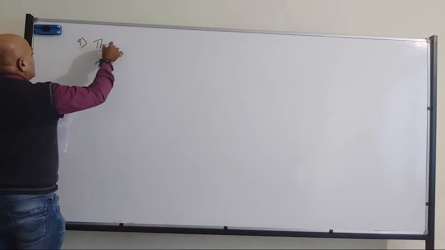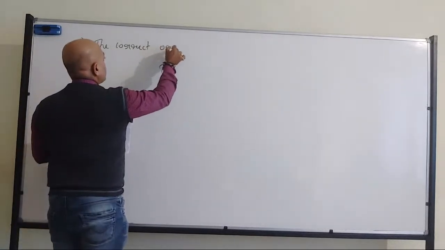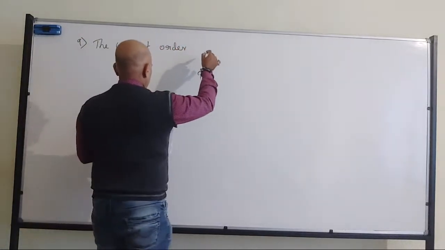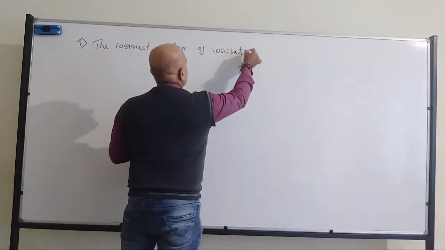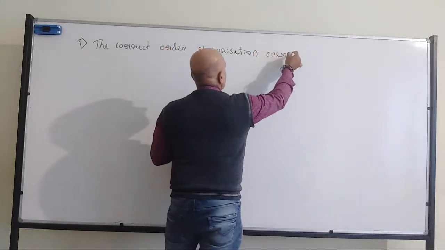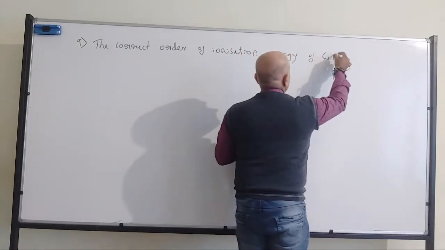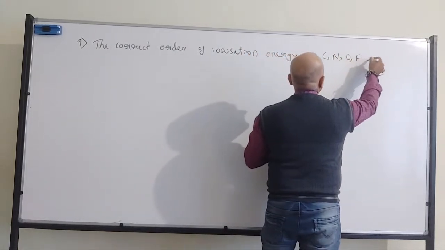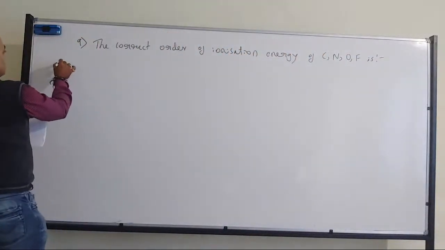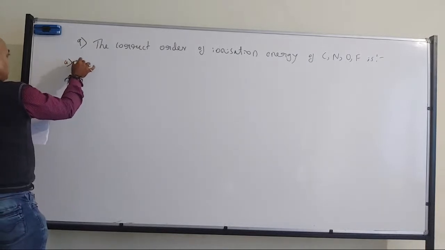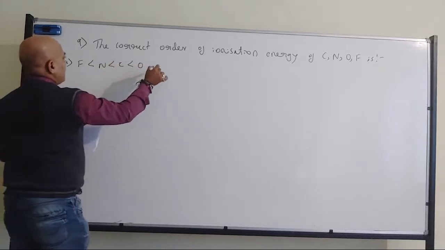The correct order of ionization energy of carbon, nitrogen, oxygen and fluorine is. It is a Karnataka CET question. Option A, fluorine less than nitrogen, less than carbon, less than oxygen.